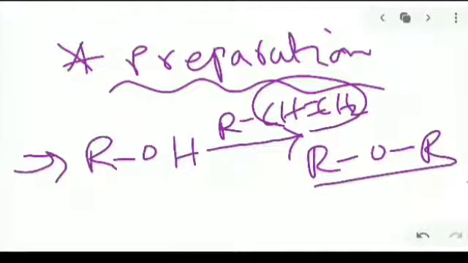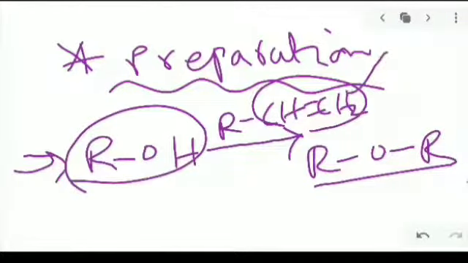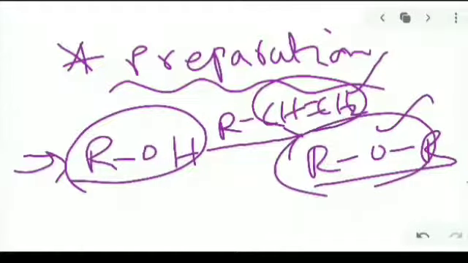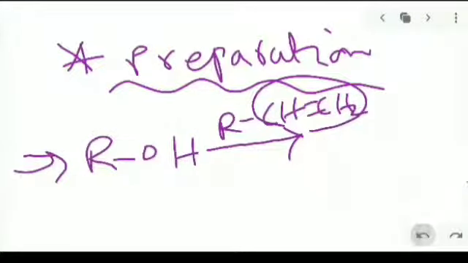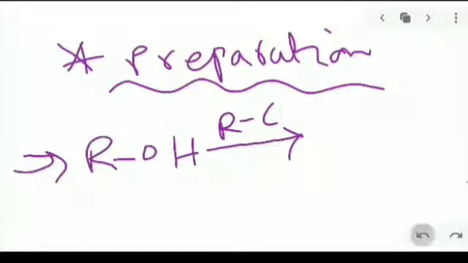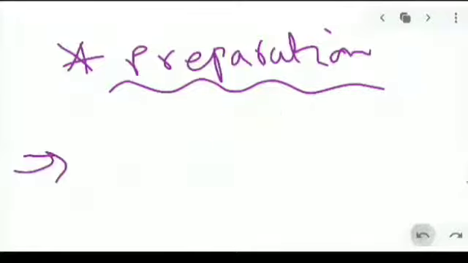So from alcohols, in the presence of this, with RCH double bond CH2, we can get ethers. So this is another method to prepare ethers from alcohols. These are two preparation methods for ethers.